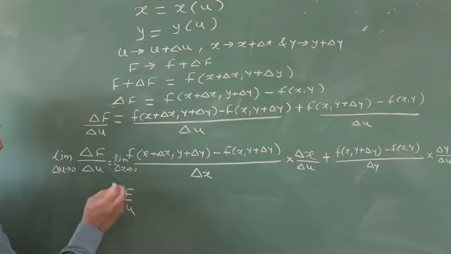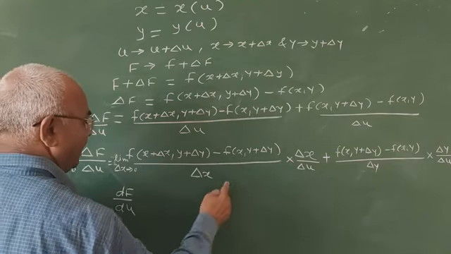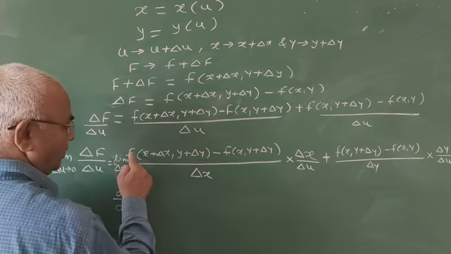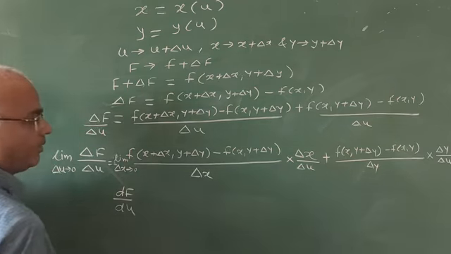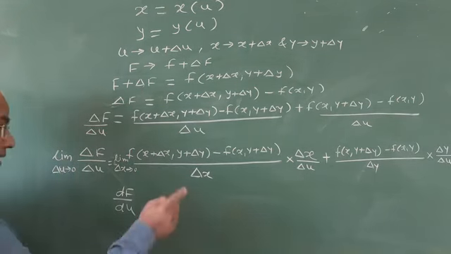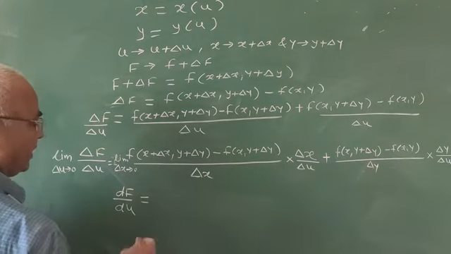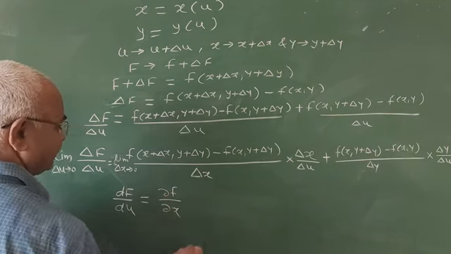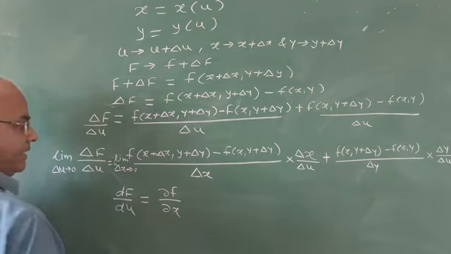The value of this term is df by du. The value of this term, limit as delta x tends to 0, f of x plus delta x comma y plus delta y minus f of x comma y plus delta y divided by delta x, is delta f by delta x.